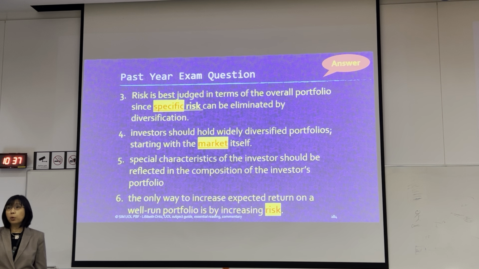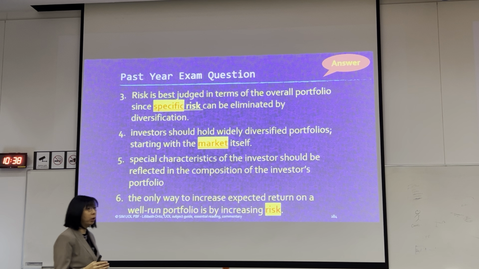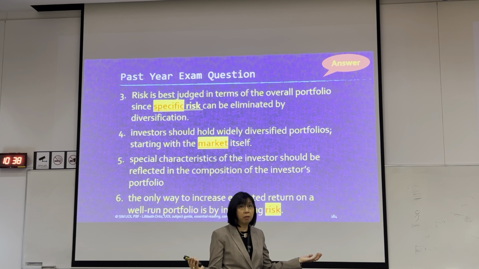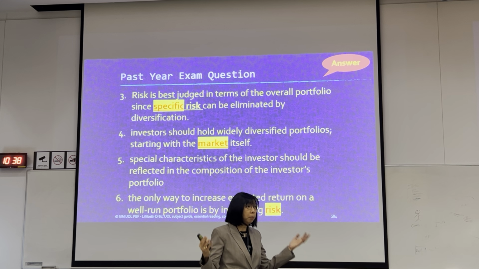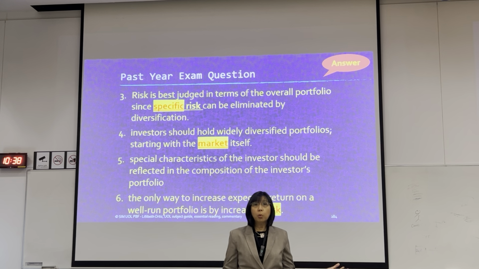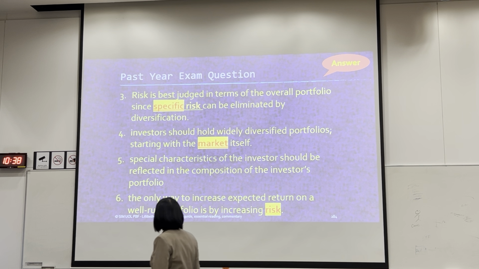And a good starting point for a well diversified portfolio would be to have the market itself. So you can buy an ETF which has the whole stock market as its input.